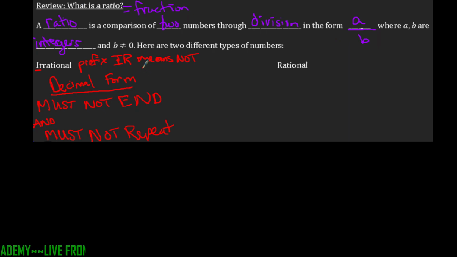So that means one other thing to put with this: I can say it cannot be in the form of a ratio. Because if we had a ratio, we could write it like a fraction. However, these irrational numbers, we cannot.